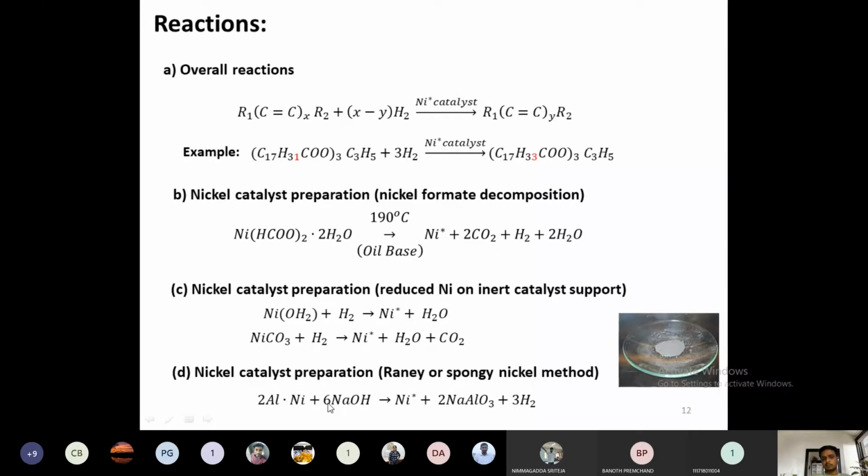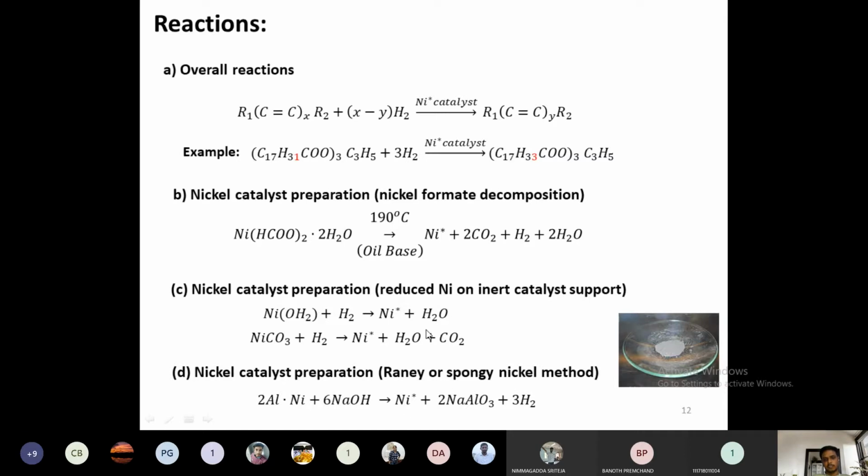It is reduced using an alkali, NaOH, sodium hydroxide, which will produce Raney nickel, the activated nickel catalyst, when the sodium aluminate is washed off with water. Then the activated Raney nickel can be prepared. This Raney nickel has a high surface area and a large porous structure. Therefore, it can be used to carry out the hydrogenation process.